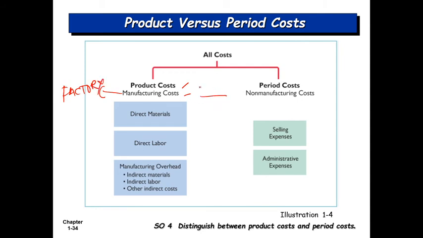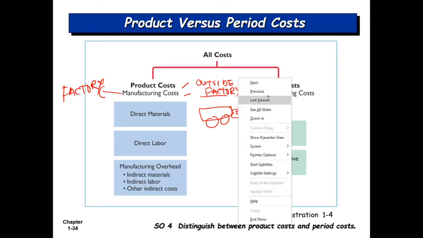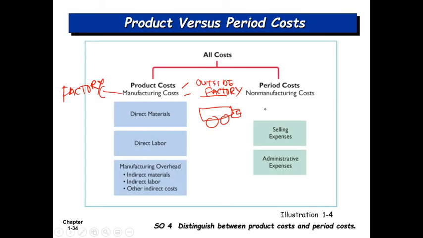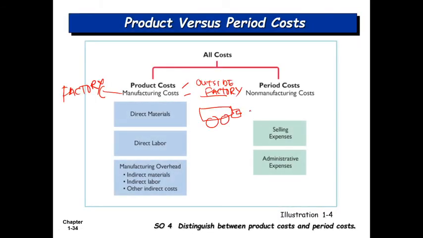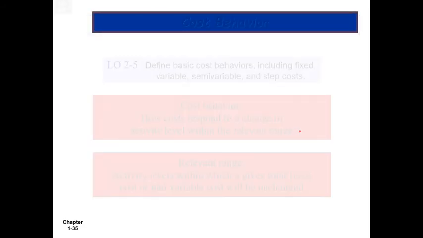When the product goes outside your factory, distributed by truck, this is considered your period cost. So normally it is selling expenses and administrative expenses.